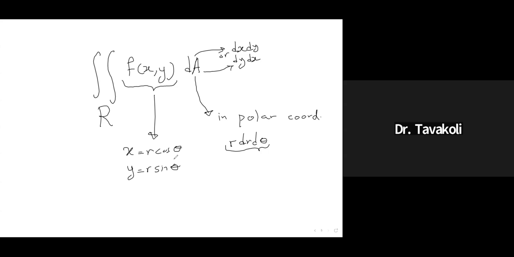Let's do an example. So now we can do double integrals using polar coordinates if the region is a round region, like part of a circle. For example, suppose I want to evaluate the double integral over some region R of the function 8xy.